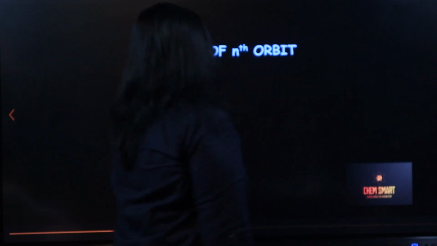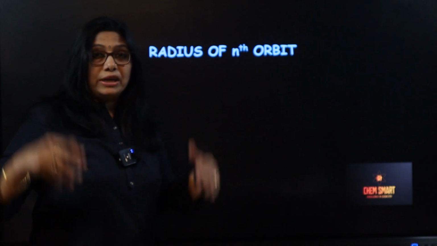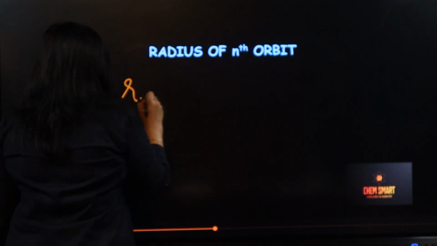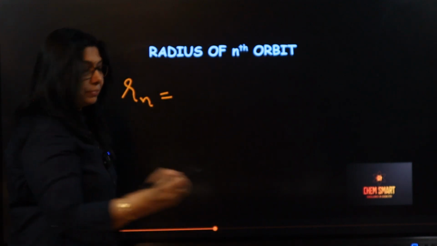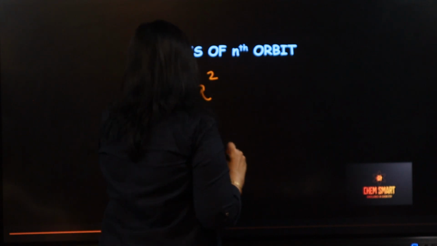Now, the next one. What is the radius of the nth orbit, or radius of the nth stationary state?